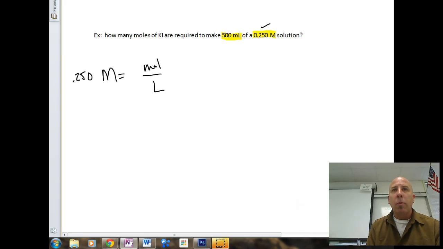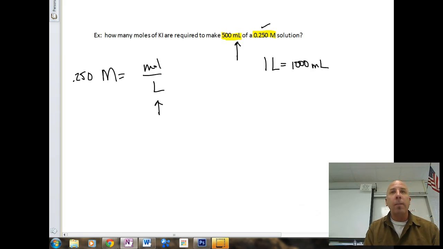Now, we notice that the unit here is milliliters, but the unit we need in the formula is liters. So we're going to convert this. 1 liter is equal to 1,000 milliliters. So we divide 500 milliliters by 1,000, or we can move the decimal 3 places to the left, which is the same as dividing by 1,000.